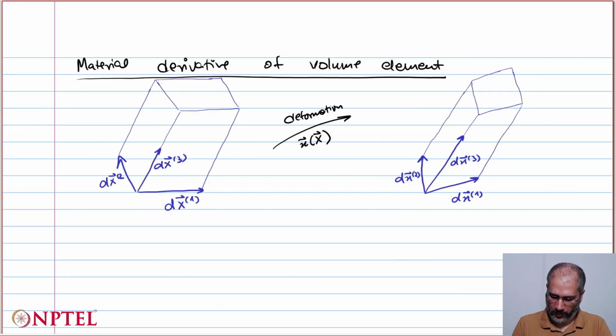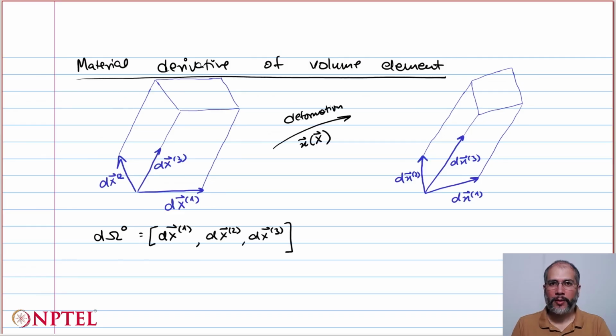We can write the volume d omega naught in the undeformed configuration as the box product or the scalar triple product of these three vectors, because the scalar triple product signifies the volume.